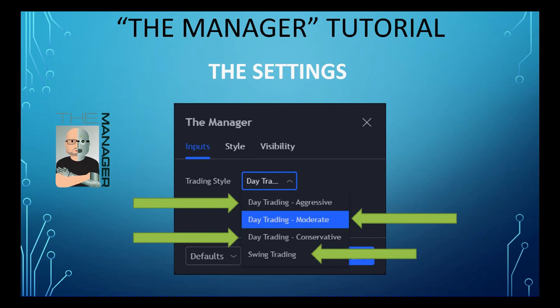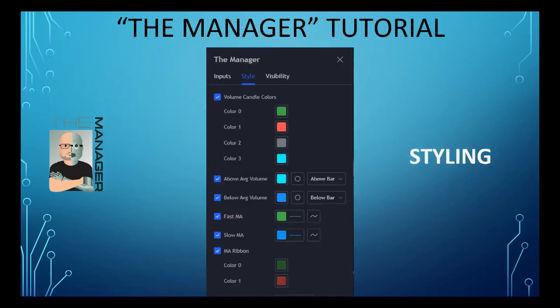We also use day trading conservative for a more aggressive type of swing trading setting. So there's some styling that you can do. You can change the volume candle colors, but the way we teach this is we need the green, the red, the gray, the cyan, to help you identify that volume behavior.